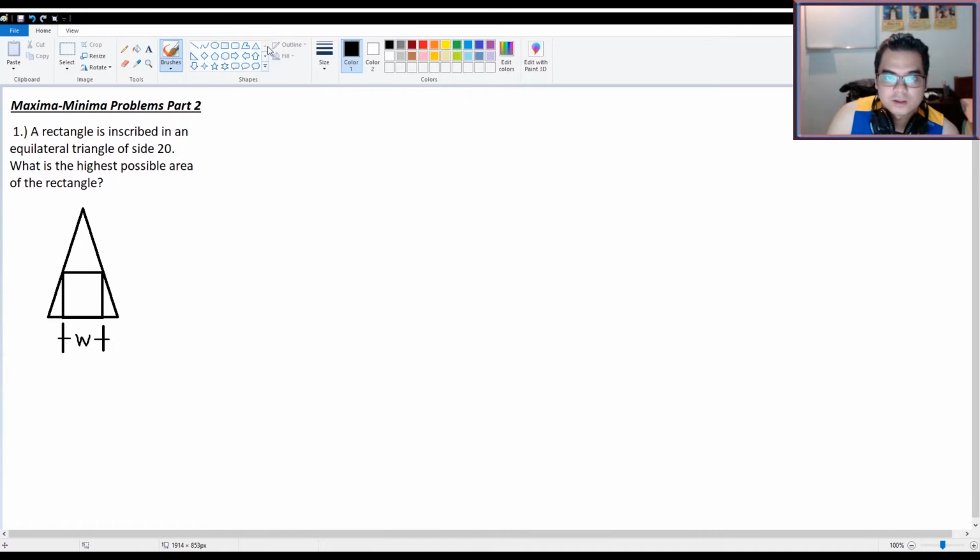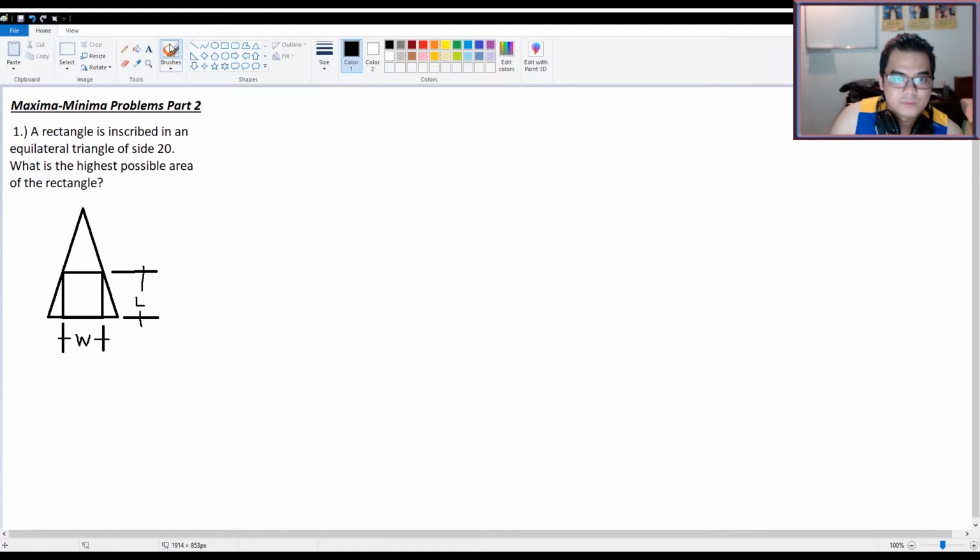And from here to here, that is the length, or the height, of the rectangle. I think it's better if we use length. Let's just use length. So this is your length.